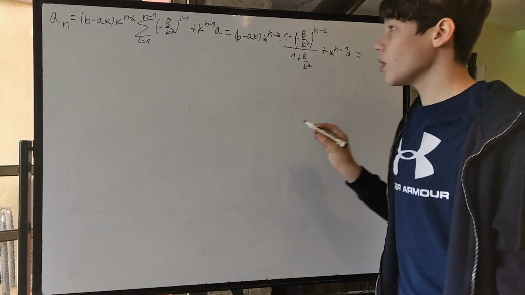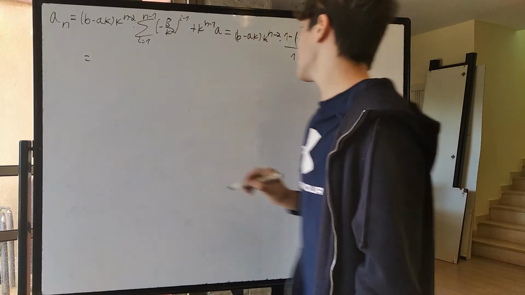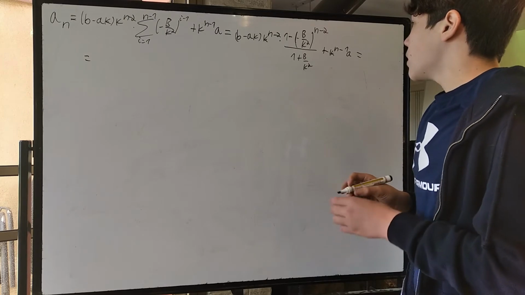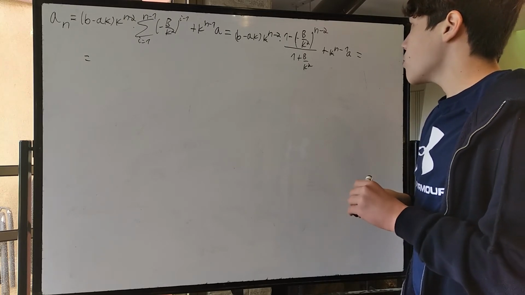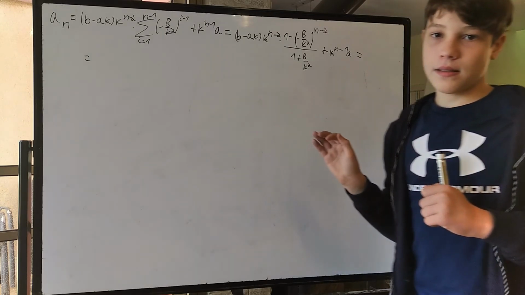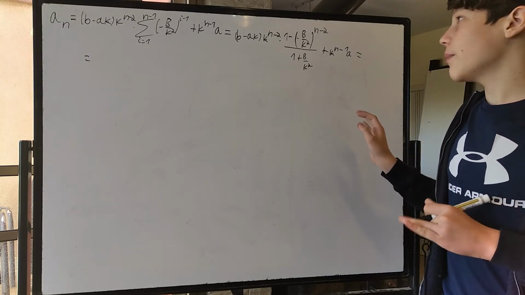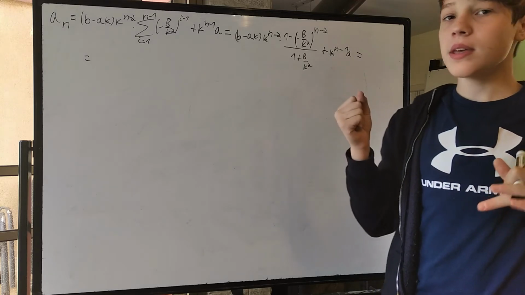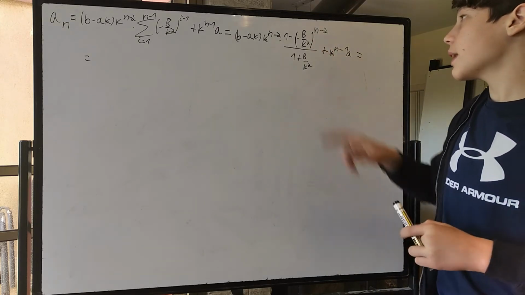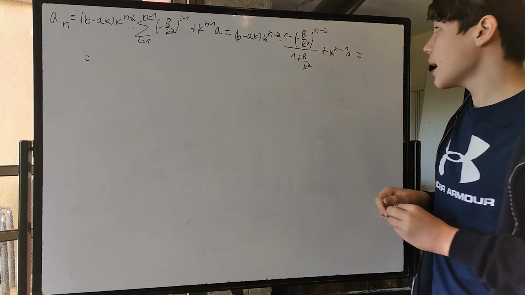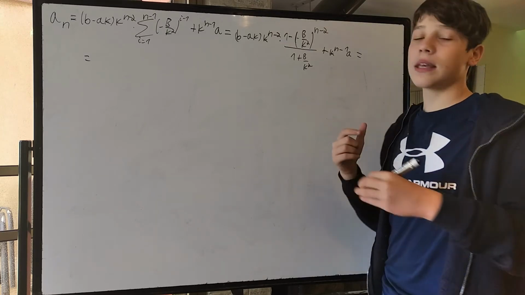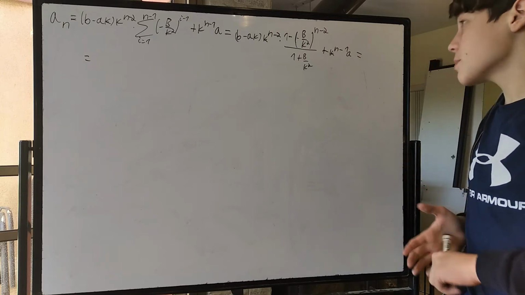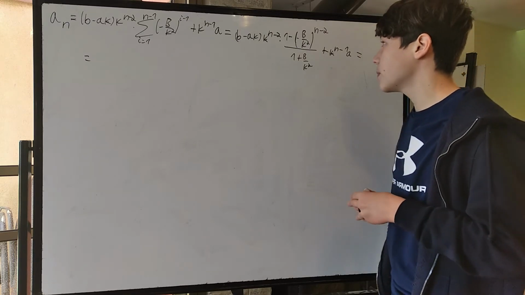So what I want to do is simplify this to get k to the n times something plus negative b over k squared, or something like that, to the n times another something. And that's what I want to do.